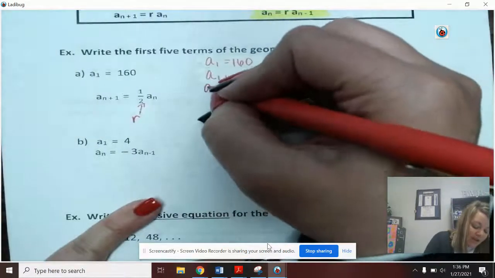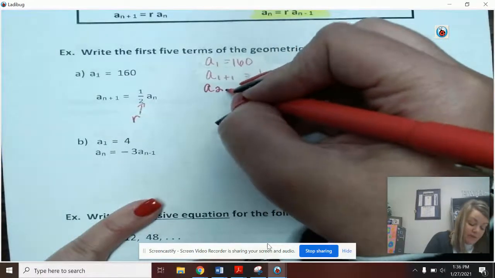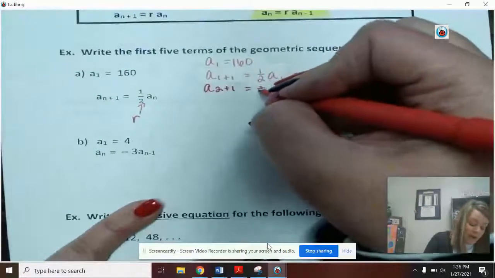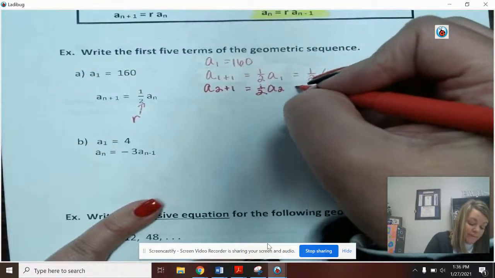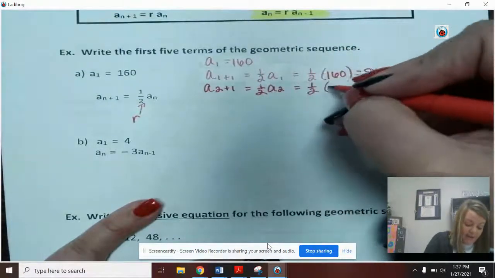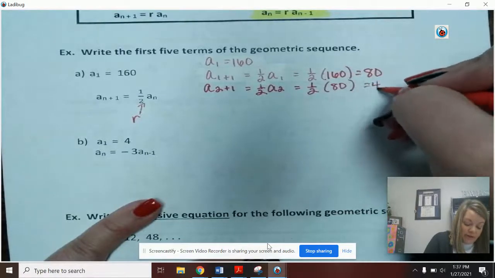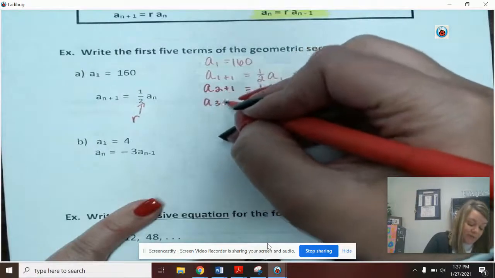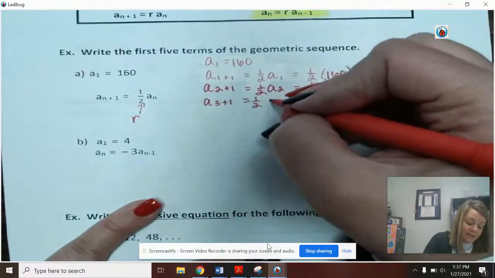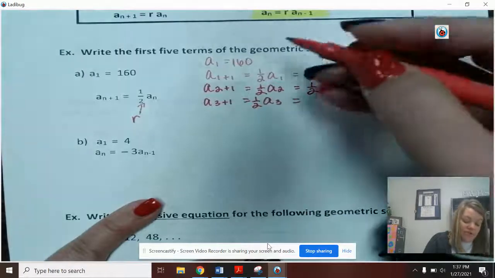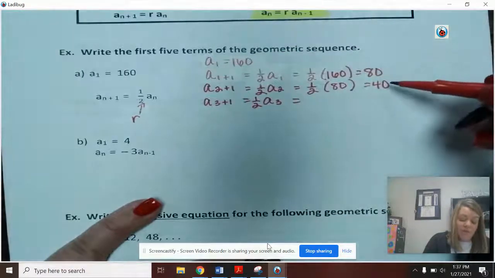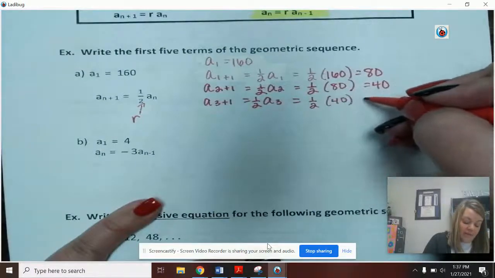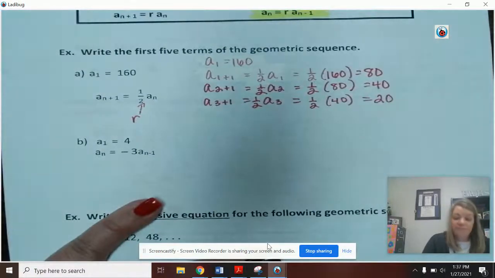So then I can do a sub 2 plus 1, which means 1/2 a sub 2, which is half of 80, which is 40. So then I can do a sub 3 plus 1 is half of a sub 3, which this is a sub 1, this is a sub 2, this is a sub 3. So half of 40 equals 20.